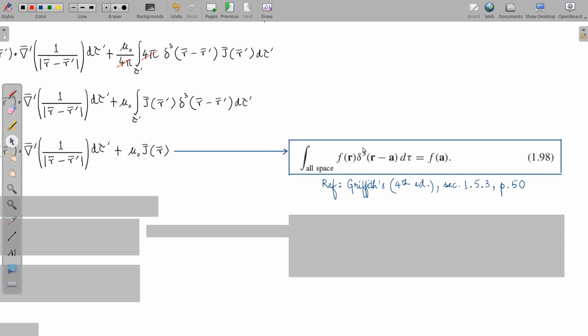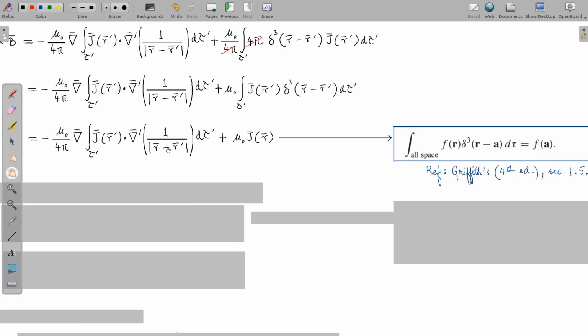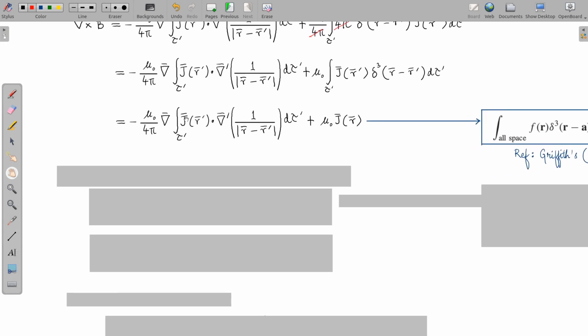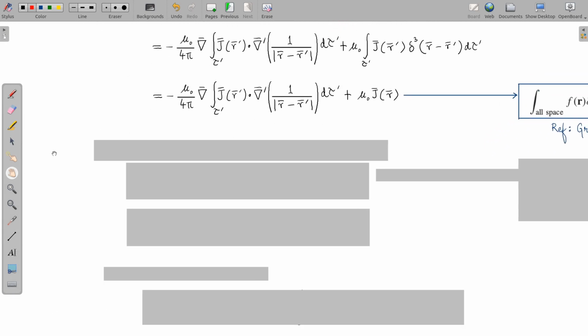This is what the Dirac delta function does: it samples a given function. So when I multiply j, a function of r prime, with the Dirac delta function containing r minus r prime, we are sampling j at the position r. This gives us mu naught into j of r, and one more term which contains an integral.